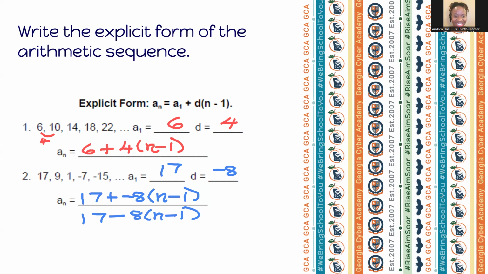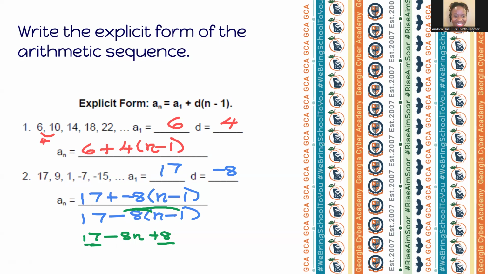Now, if you don't see it written like this, that means they simplified it. So let me show you how you would simplify your answer. If you're simplifying, you would distribute the negative 8 to the n and to the negative 1. So you get 17 minus 8n plus 8, right? Negative times negative is a positive. Then I have 17 and I have 8. So I'd say 17 plus 8.